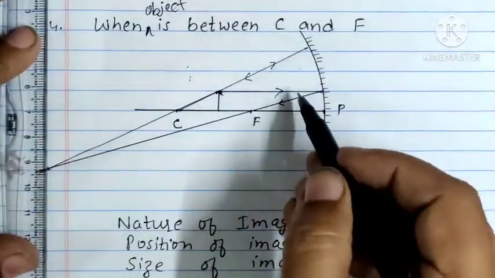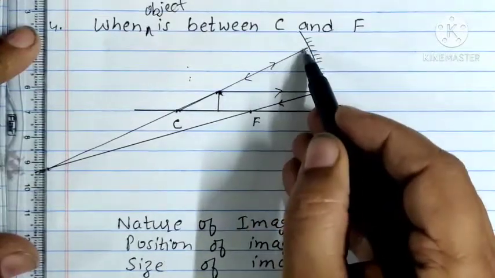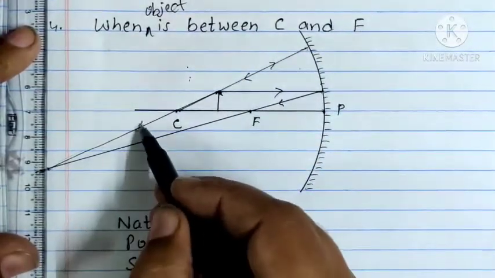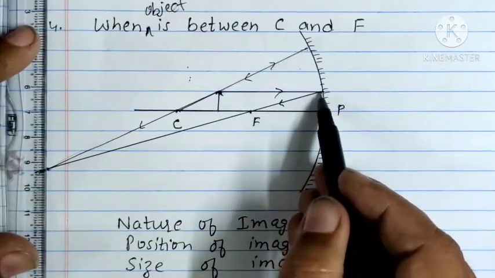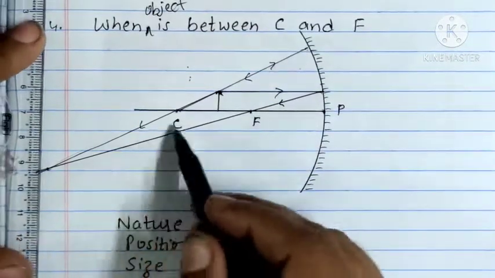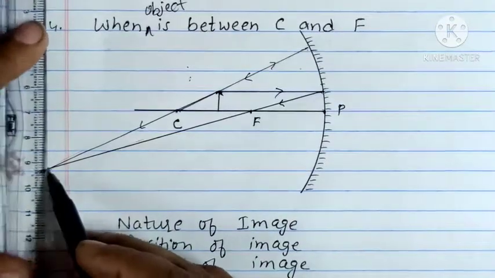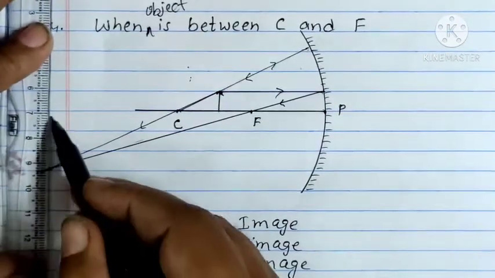So these two rays, this is the incident ray going here and returning back along the same path, and this is another ray which is parallel to the principal axis, after reflection passes through the focus, and these two rays after reflection are meeting at this point. So here the image is formed.